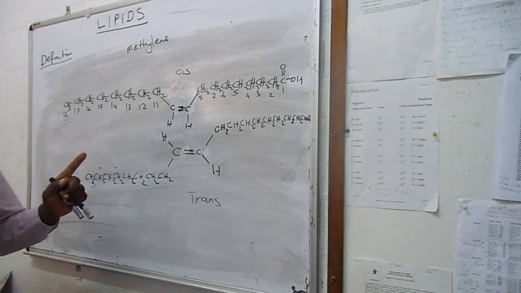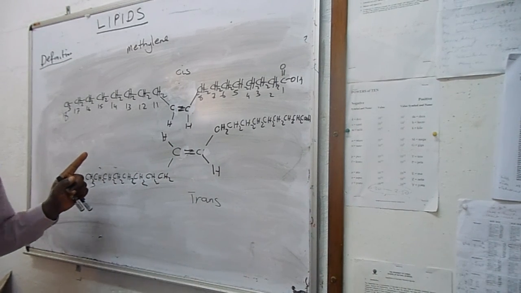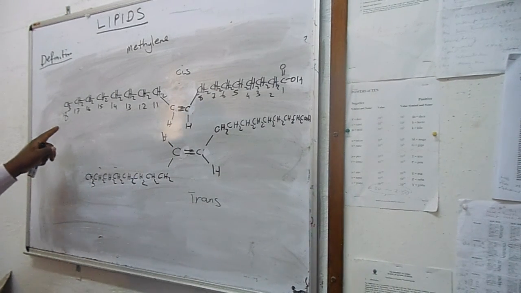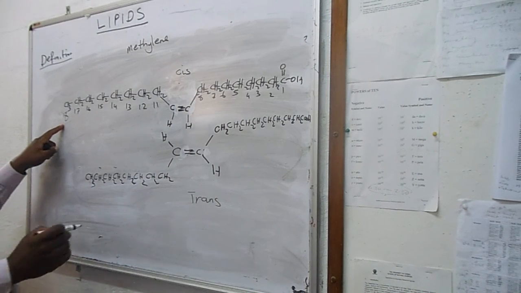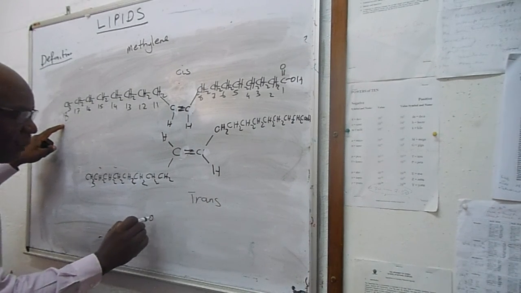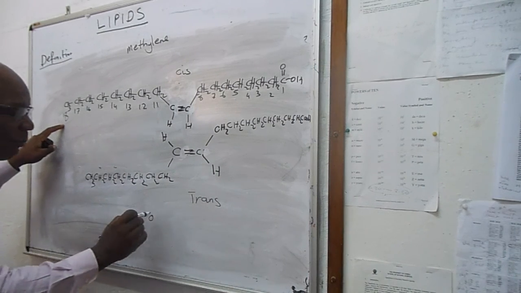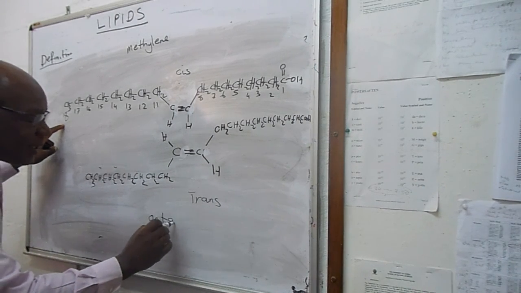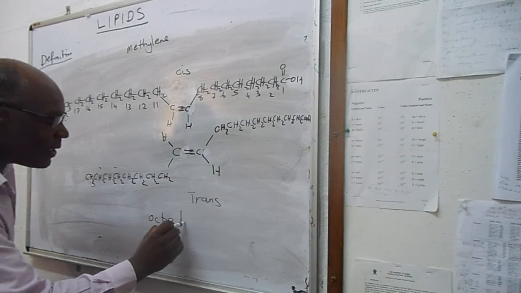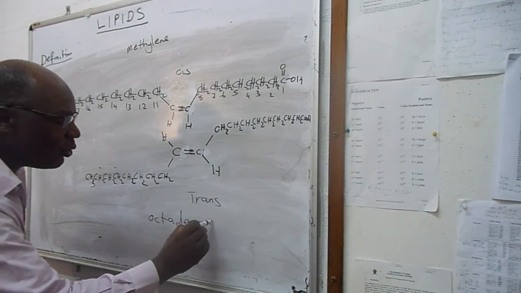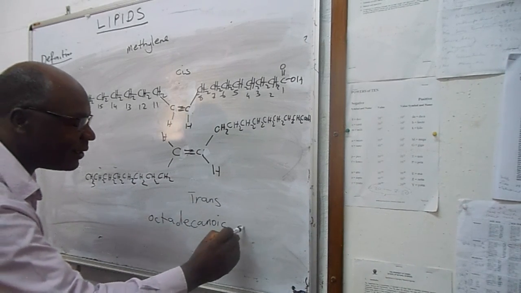So if we were to give the name of this organic acid, remember if you count there are 18 carbons. If it was saturated, if it didn't have a double bond, we'll call this octadecanoic acid.